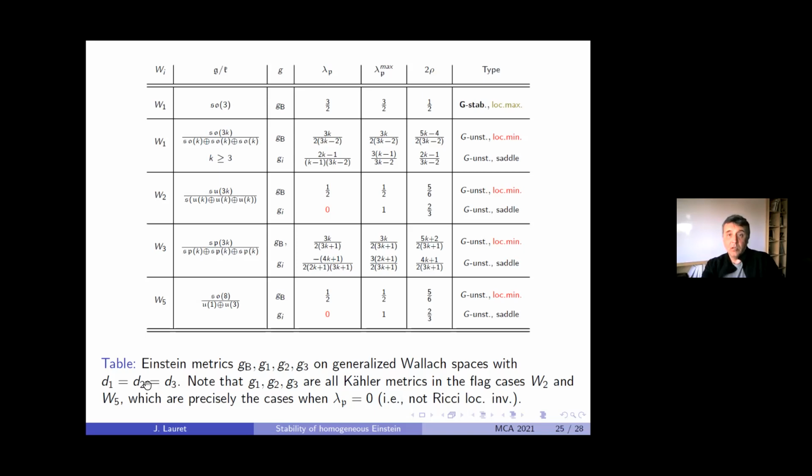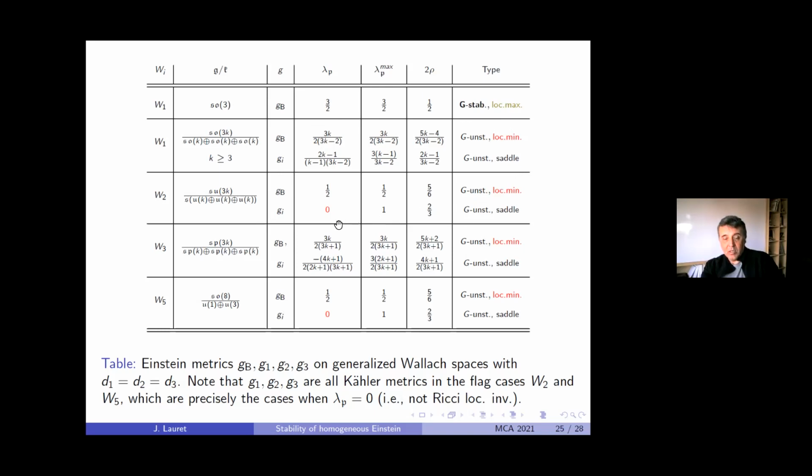And we were able to compute lambda P and the other eigenvalue, the larger eigenvalue, and get, in this case, only this is a local max, but this G_B, which is the standard metric on the Wallach spaces, so all these are in the list by Wang and Ziller, is always a local minimum.